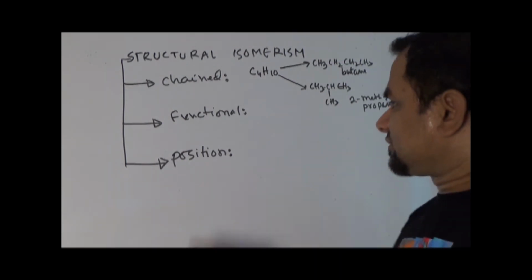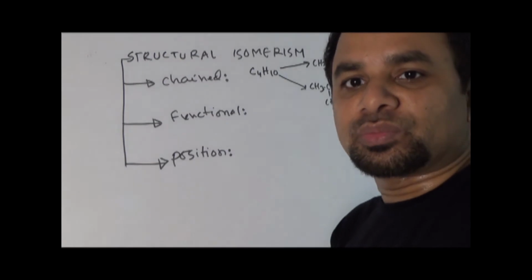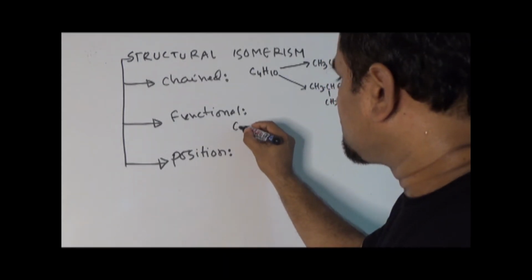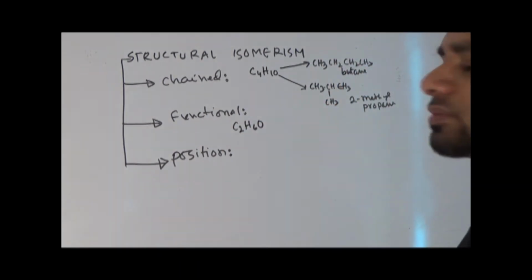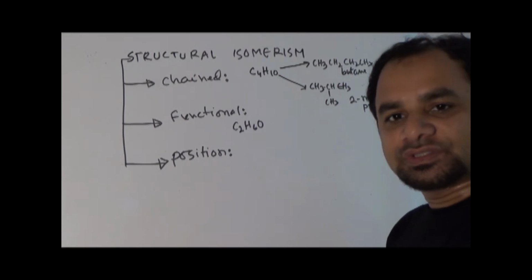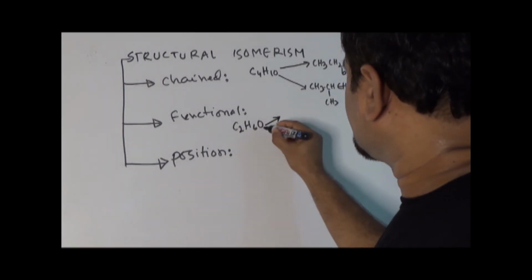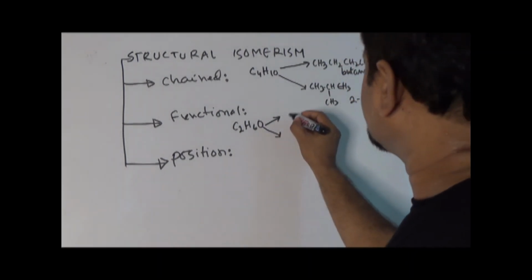Now I want to discuss functional group isomerism. The same molecular formula but the functional group is different. C2H6O. This is the molecular formula. We can draw two different structures of C2H6O. It's just like that.